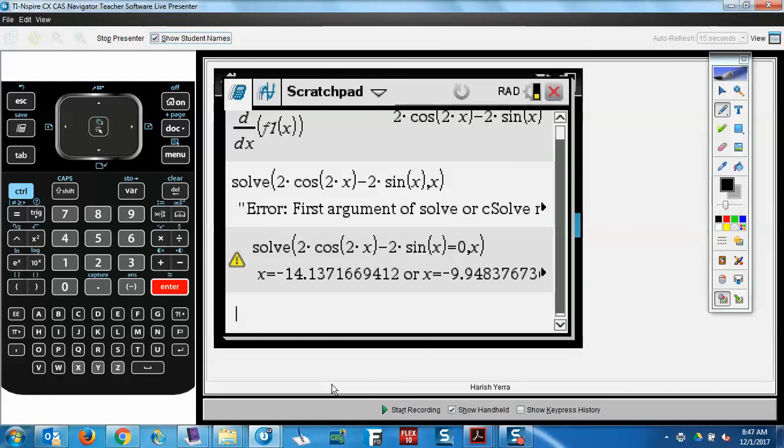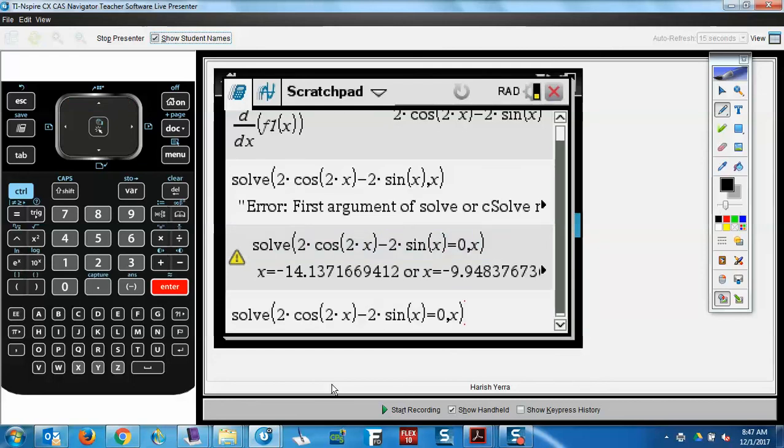A lot of times what you get is something n pi, blah, blah, blah, and we don't want that, right? So go up and grab it again, and then do the vertical bar, and then 0 less than or equal to x.